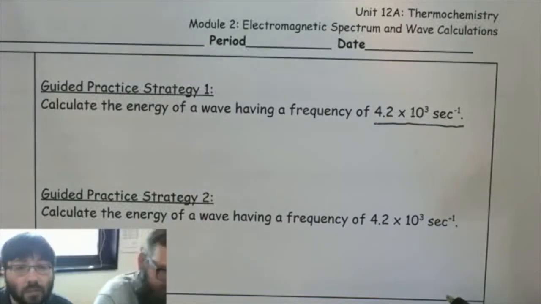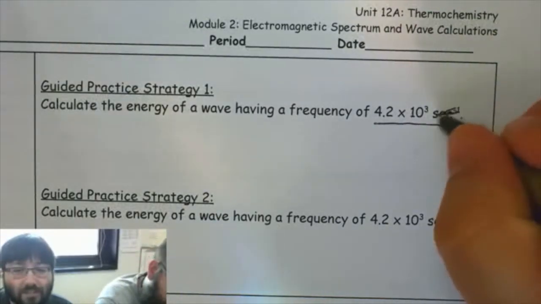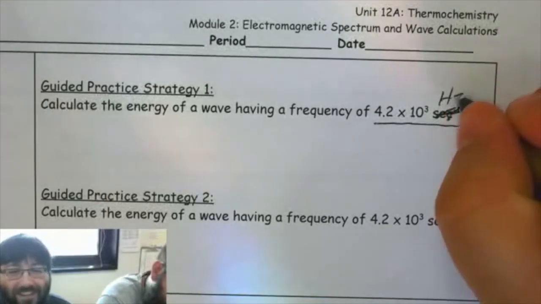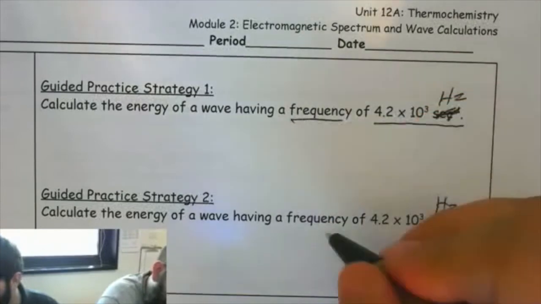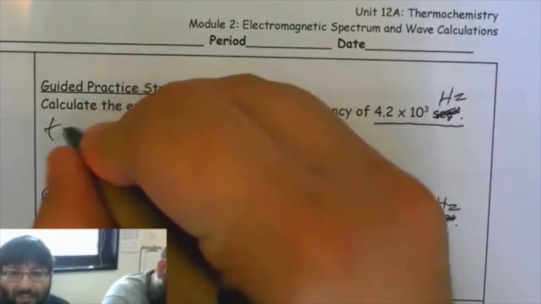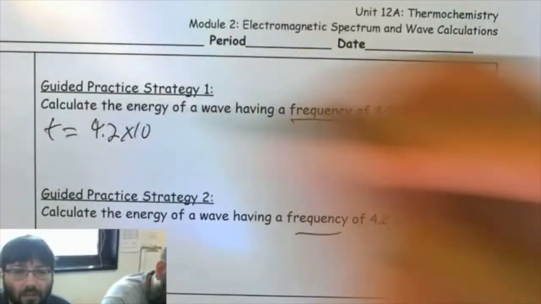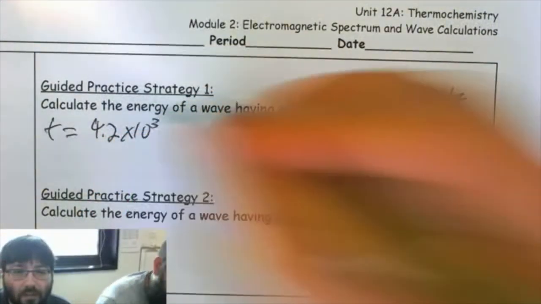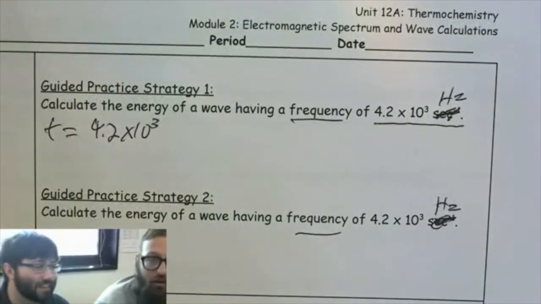I think that's a typo, and that's supposed to be hertz here, because it's a frequency. So my f is equal to 4.2 times 10 to the third power. They were probably trying to say 1 per second, or seconds to the -1, or something like that.